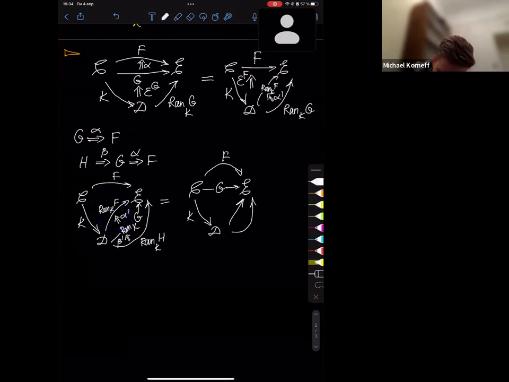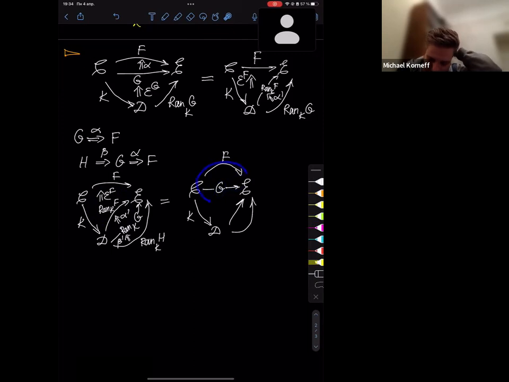Oh, sorry, and also epsilon F. We compose these two cells, and therefore we should add functor G here.